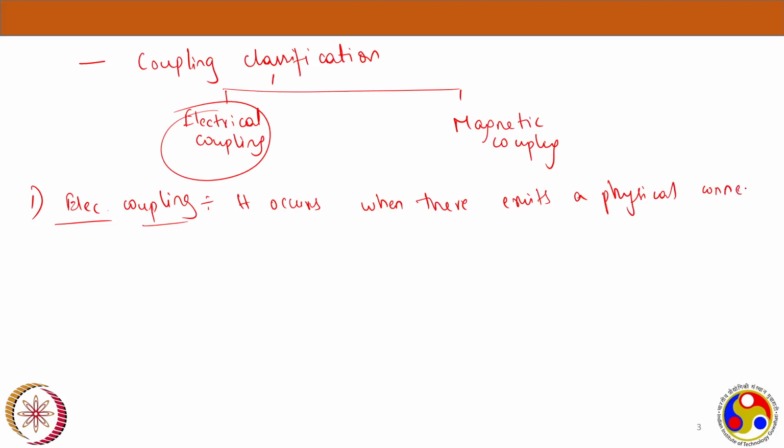So you can see the connection between two coils. Now this coupling can be, as I said, either aiding or opposing. It depends on the current direction. Now let's draw the circuit for an aiding type.